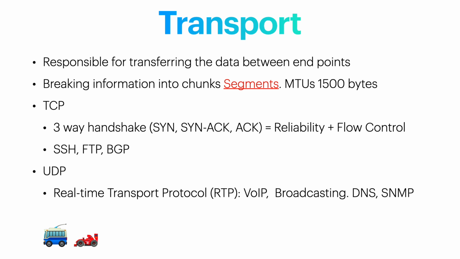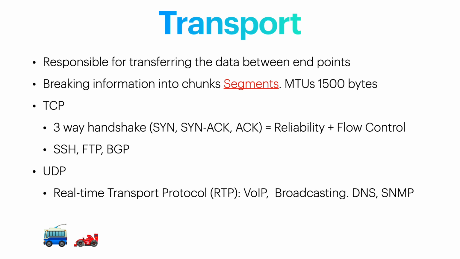The maximum MTU is 1500 bytes. On the transport layer there are 2 different types of connections. There's TCP, which relies on a 3-way handshake, and the 3-way handshake allows us to establish reliability and flow control if the data goes missing.